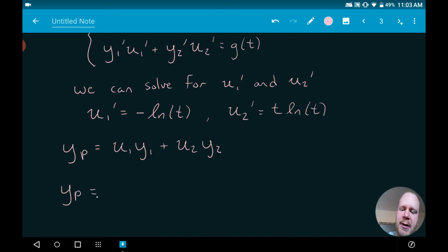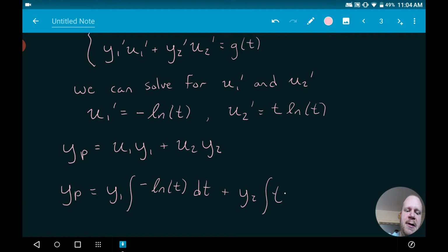So the particular solution is going to be equal to y1 times the integral of negative natural log of t dt, plus y2 times the integral of t times the natural log of t in this example. Okay?